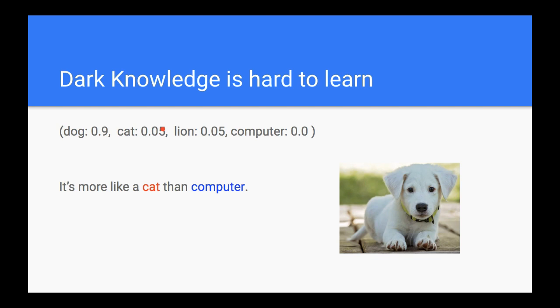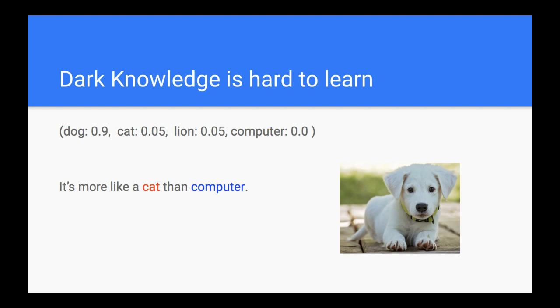But if it predicts a computer or skyscraper or sports car, it's very off. So when the neural network does the prediction, it gives probabilities: the dog class maybe 90%, cat 5%, lion 5%, and the computer maybe 0%. We call this kind of thing dark knowledge.